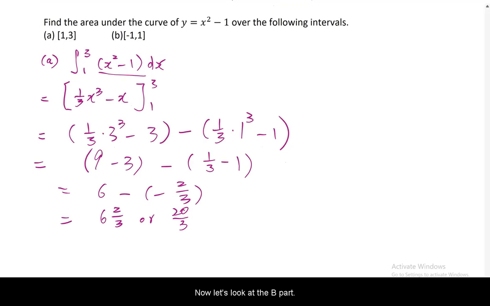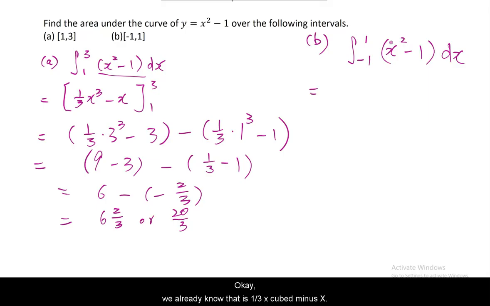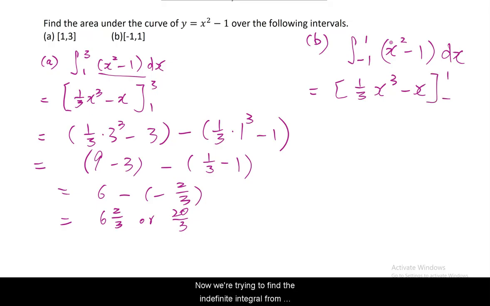Now let's look at the b part. What part b is looking for is the definite integral from -1 to 1 of the same function. We already know that is 1/3 x cubed minus x. Now we're trying to find the definite integral from -1 to 1.